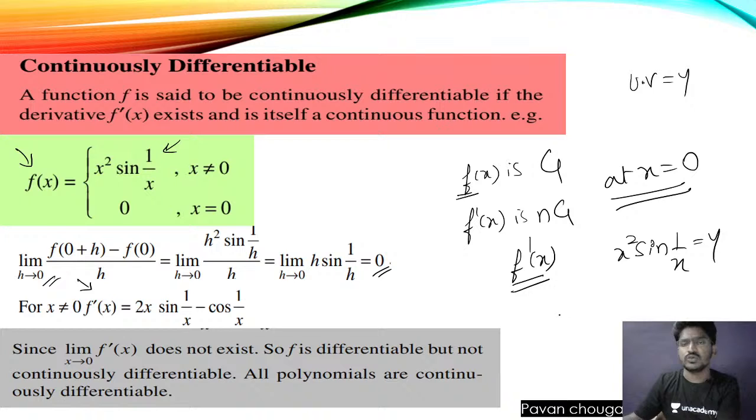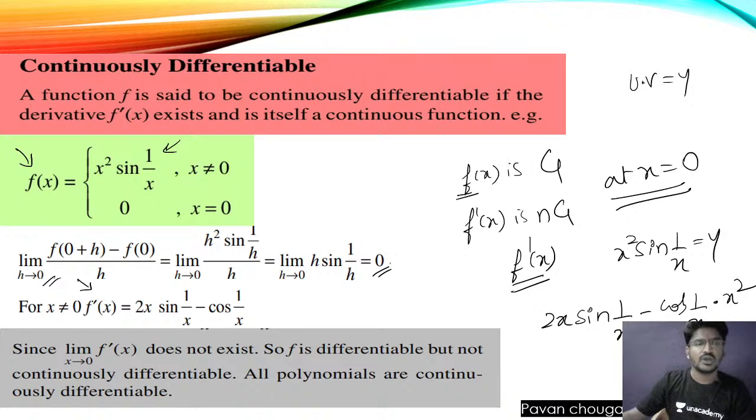So if I apply the u into v formula, 2x sine of 1 by x is as it is. Next you have to write minus cos of 1 by x into x square, at x not equal to 0. Are you getting my point? So at that particular point, the limit does not exist and it is not continuously differentiable.